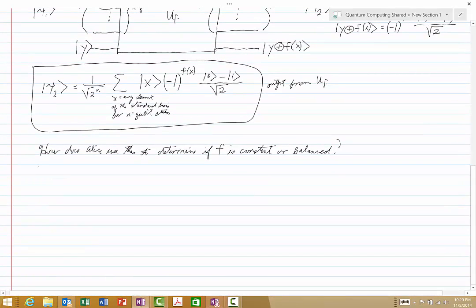Well, first, she applies H to each of the first n qubits.